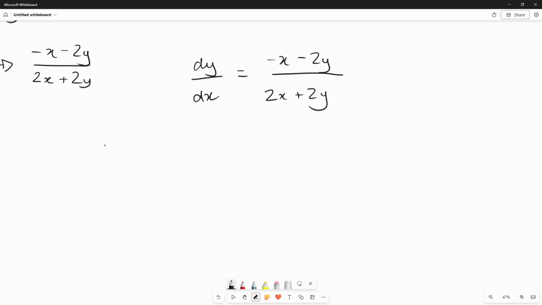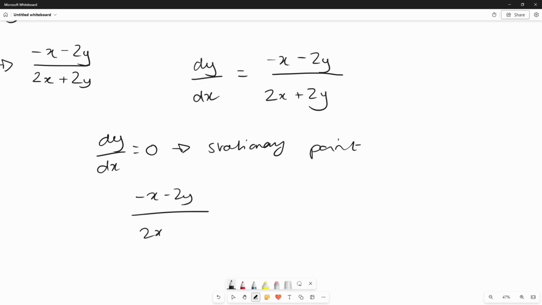And we know that the stationary point will occur when the gradient of the curve equals 0. So that means when dy by dx equals 0, then we have a stationary point. So we're going to make minus x minus 2y over 2x plus 2y equals 0.